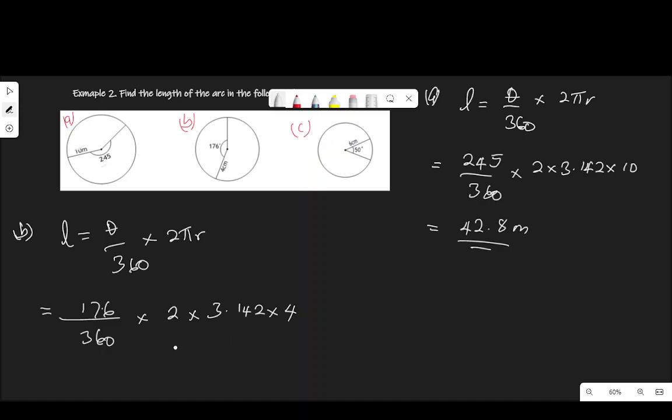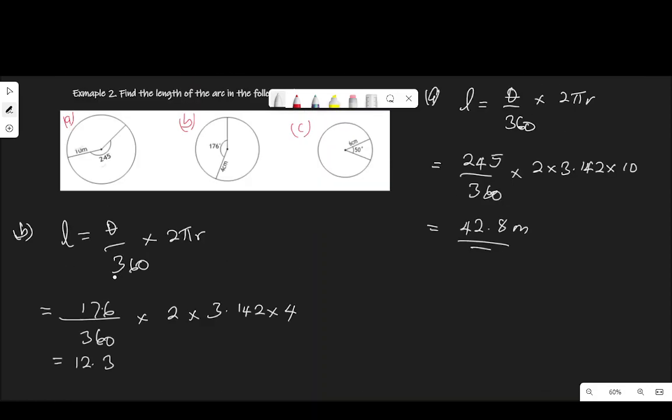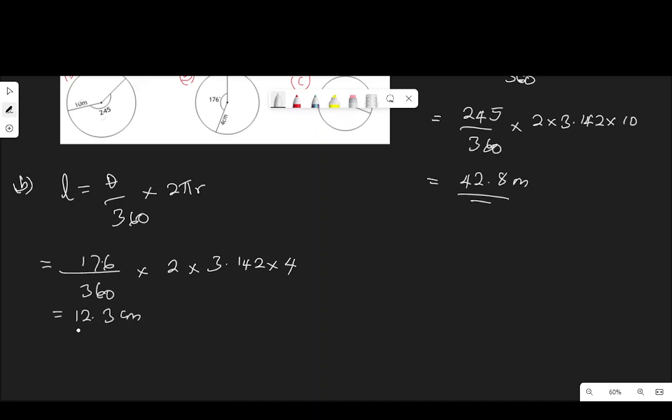Again, if I plug that in my calculator, I have 176 multiplied by 2 multiplied by 3.142 and multiplied by 4, then divided by 360 degrees. It gives me 12.3 approximately. What was the unit? Unit is centimeter, as the length of that arc.